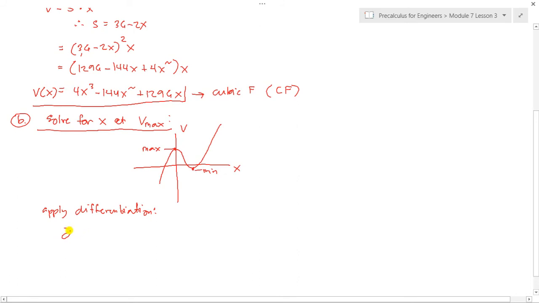So this notation is the derivative of V with respect to x, dV over dx. As you notice, if V is y and x is on the x-axis, when we say derivative, that is also written as change in the volume per change in x, delta V over delta x.